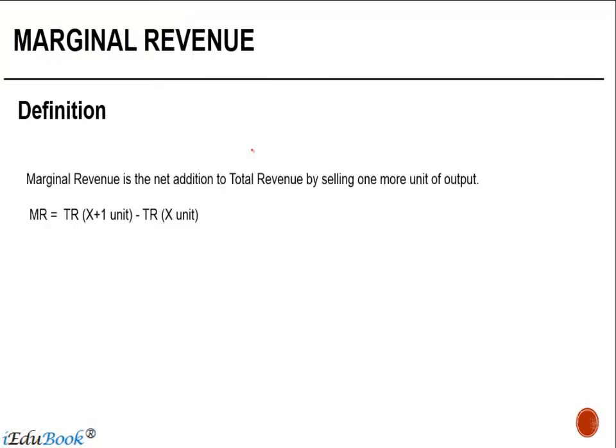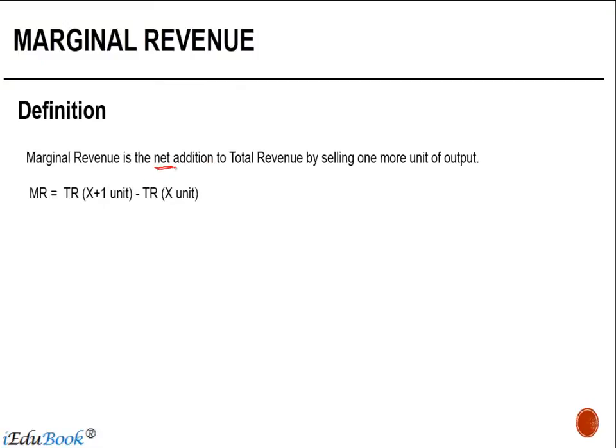Now, marginal revenue is the net addition to the total revenue by selling 1 more unit of output, right? So if in the previous example, I'm selling 3 units of commodity, and I get 210 as the total revenue. What will be the revenue if suppose I sell 4 units?